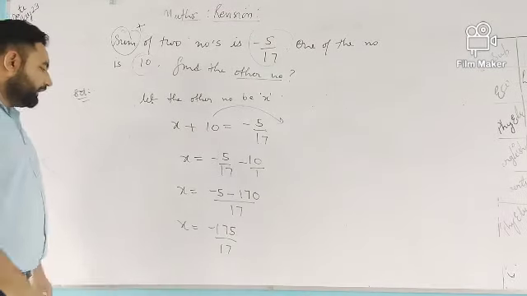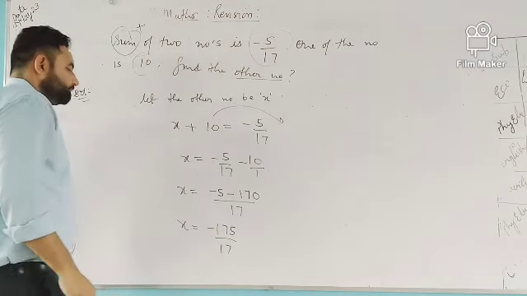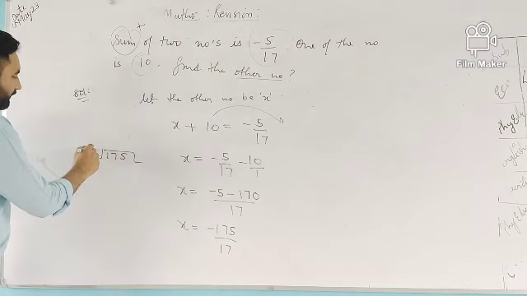This is given as an improper fraction. So we need to change it into a mixed fraction by dividing 175 by 17.